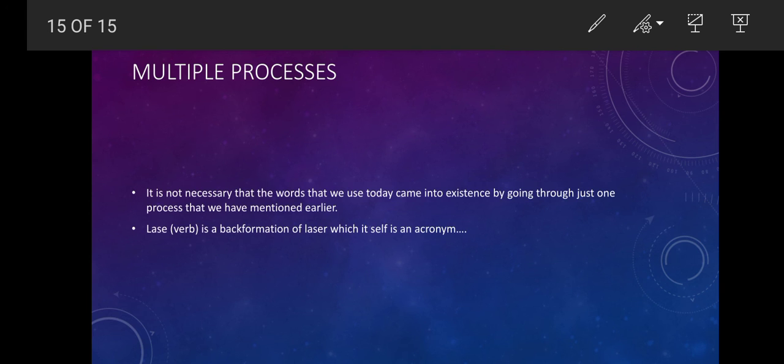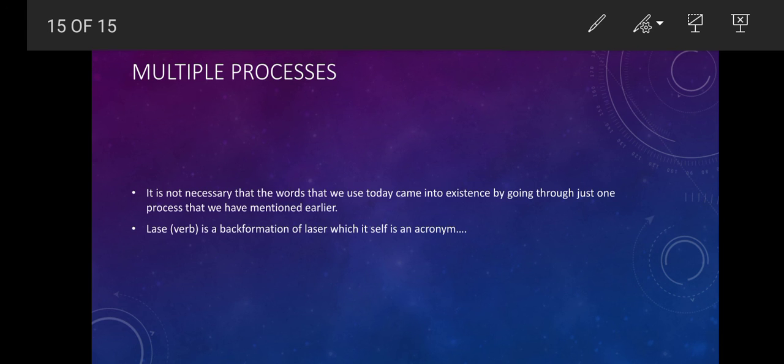This is a verb. Originally, laser was an acronym of a set of words, and then that laser, which is being used as a noun nowadays, gave us this verb laze as a process of back formation. We have already discussed that in back formation we reduce the spellings, we clip the spellings, and we change the grammatical class of the word, usually a noun, into a verb.